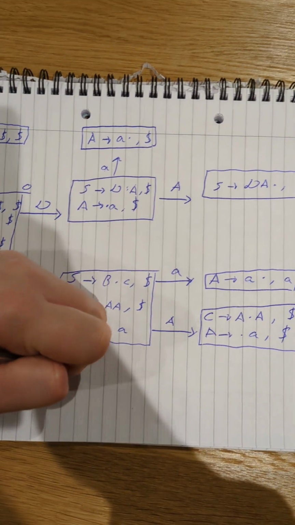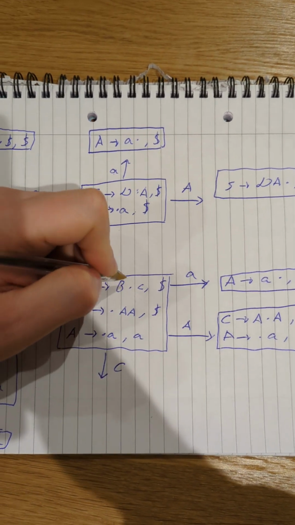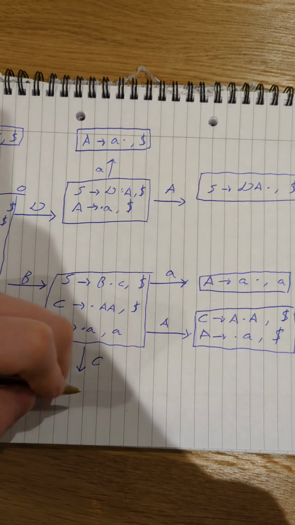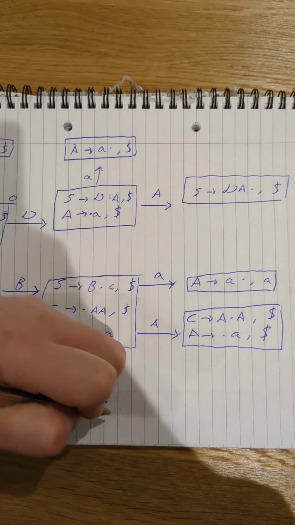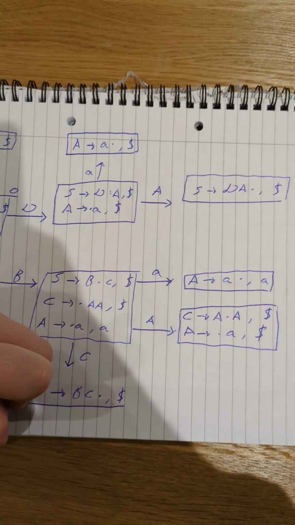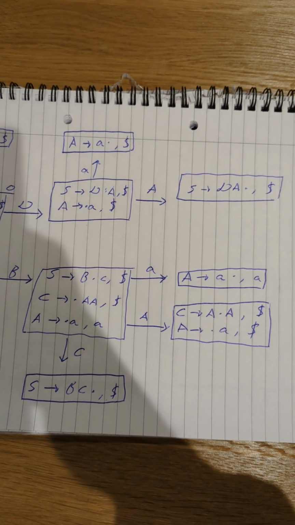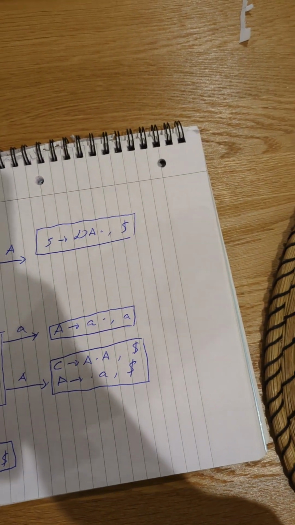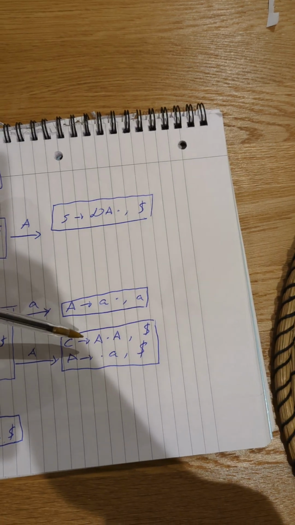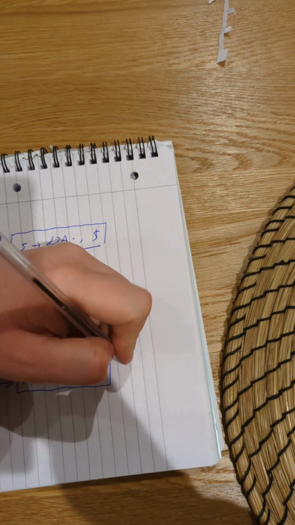Coming back here, we could have also got a C, and we would move this dot over to the right, and that would give us S goes to B C dot, and $. Finally, I think the only one that we can expand now is this item set here. So we can get an uppercase A or we can get a lowercase a.